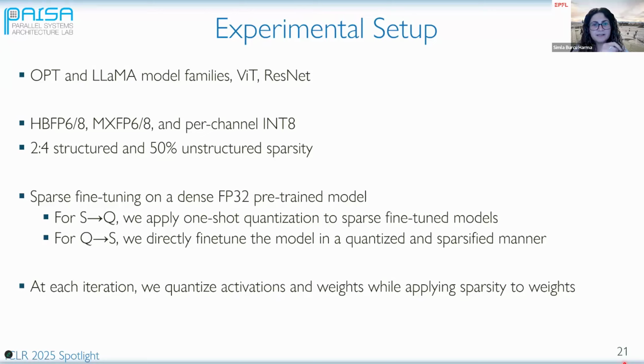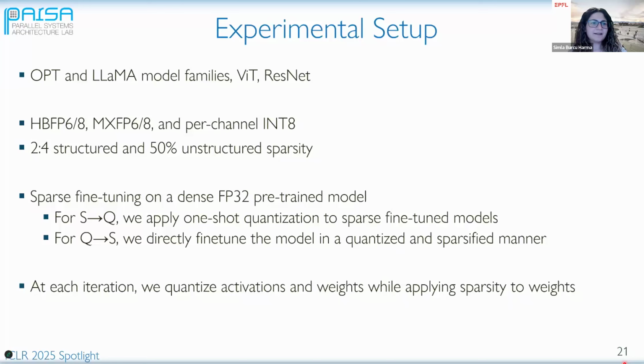And for the case of sparsified and quantized, we apply one-shot quantization on top of a sparse fine-tuned model. For the reverse order, we directly fine-tune the model in a quantized and sparsified manner. Finally, at each iteration, we quantize activations and weights and apply sparsity only to the weights.